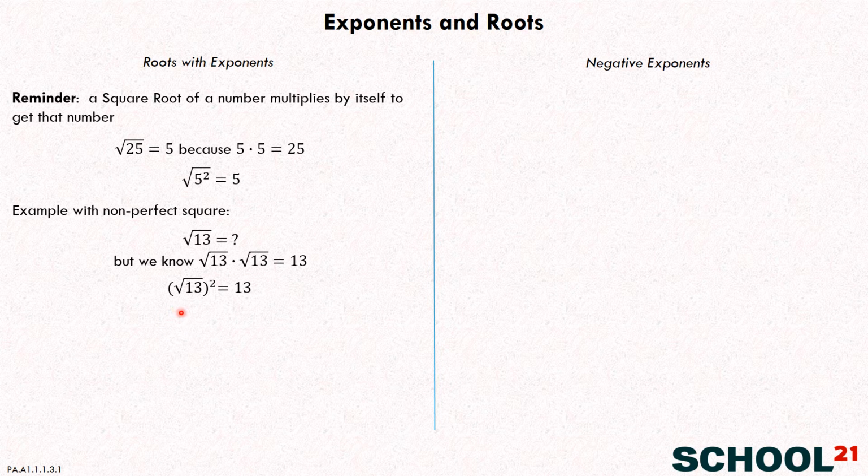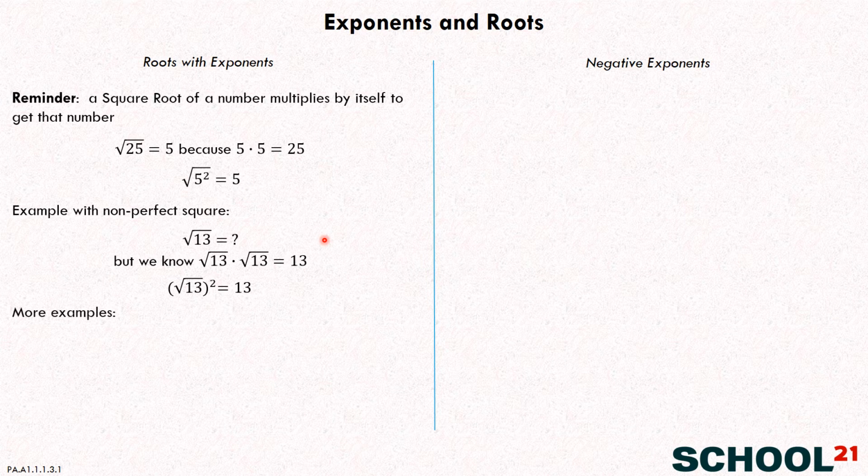Does that make sense? Yeah. And we know that it equals 13. So here we have another example where, instead of the square root of something squared, we have the square root squared. Either way, whether the squared's inside or outside, they kind of cancel and you're just left with that same number, the 13, or in this case, the 5. Make sense? Yeah. Okay, good.